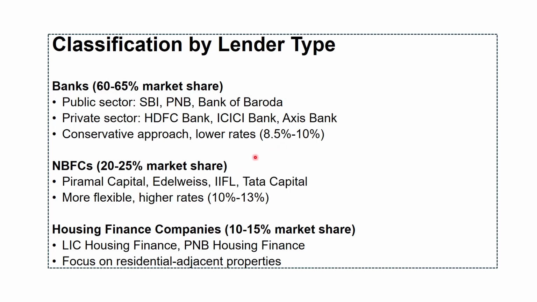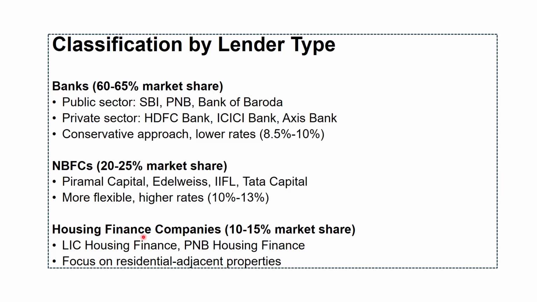Then we have NBFCs, non-banking financial companies like, for example, Piramal Capital, Edelweiss, IIFL, Tata Capital, and more such NBFCs. They have around 20 to 25% market share, and provide flexible terms at higher rates of 10 to 13%.